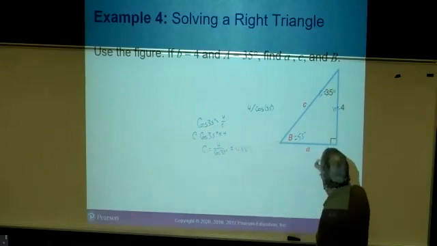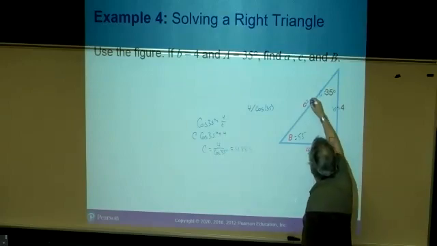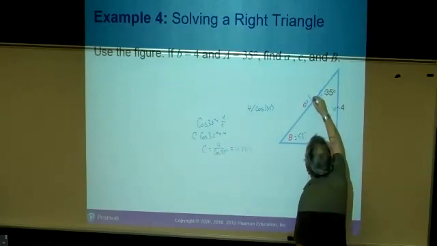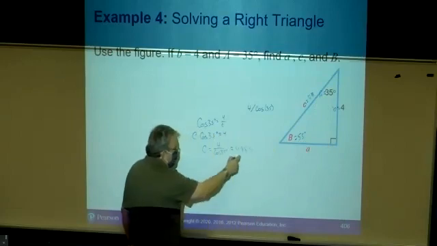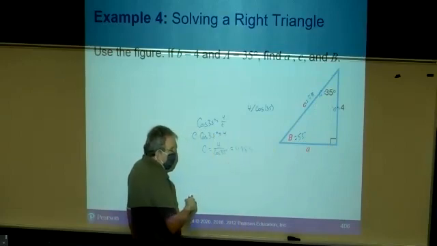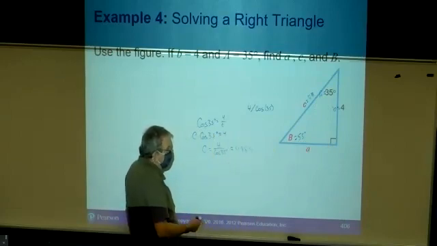So that gave me C, and for my answer, I'm going to say it's 4.88. I'm just going to two decimal places for the answer, but I'm going to use the 3 decimal places in my calculator.